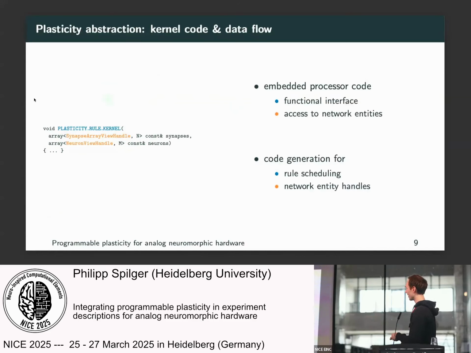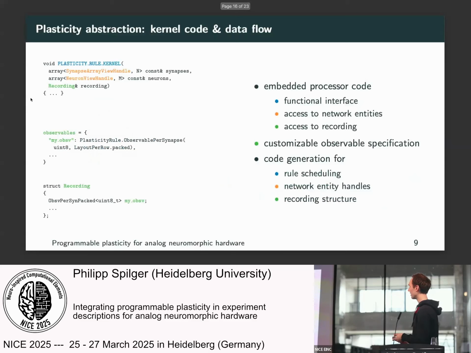And in the background, we generate code for the scheduling of this functional rule and also for the translation of the hardware placement description of the network entities, so that you, inside your actually executed function, have all the information available you want to have, which in the abstract description of your experiment you wouldn't have.